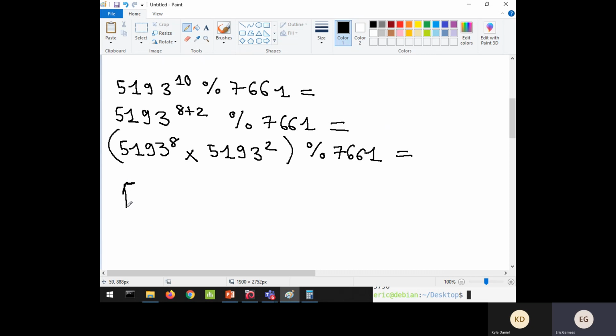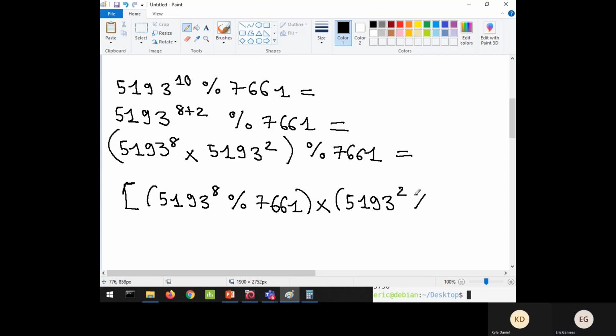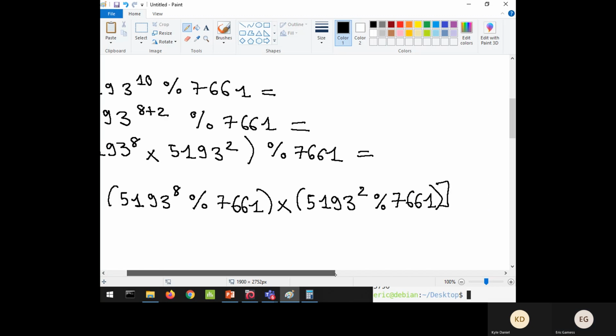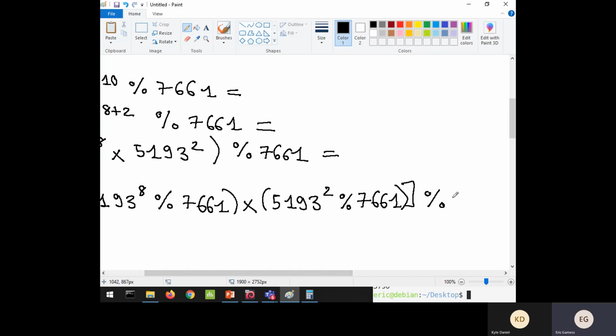Let me put square brackets here. 5,193 to the power of 8 modulus 7,661 times 5,193 square modulus 7,661, all modulus 7,661. I can do that.